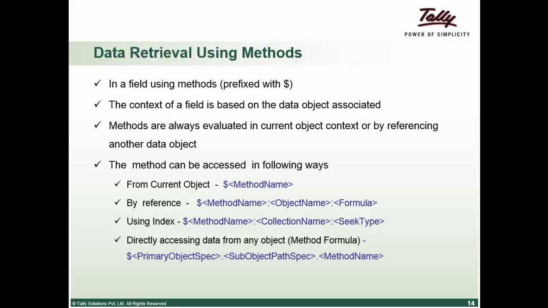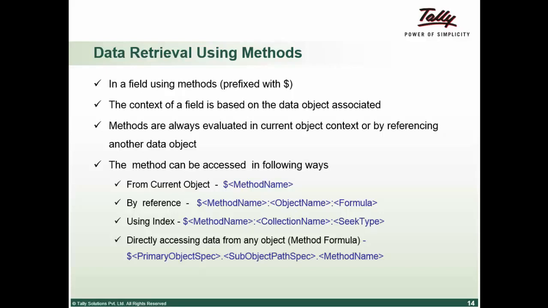In case you want a value from a different object, you first have to associate that object to the interface, and then you can make a change. However, direct accessing of data from any object, or the method formula syntax, helps us fetch values from a separate object without even changing the object context of the current interface.